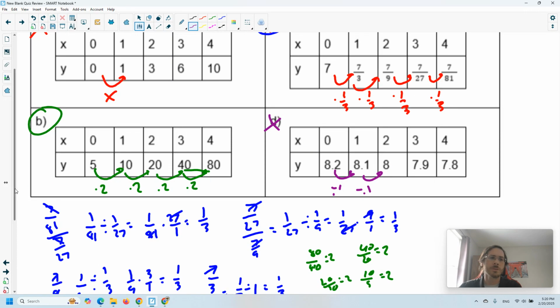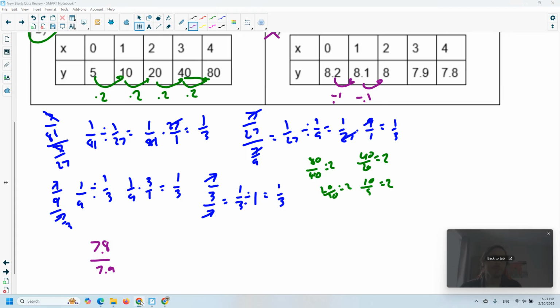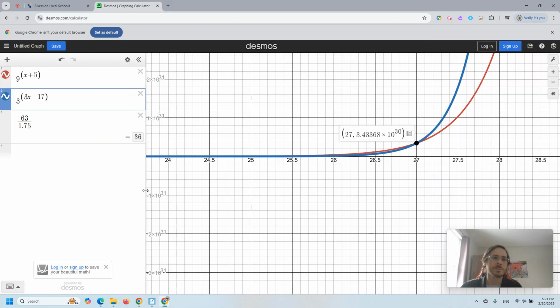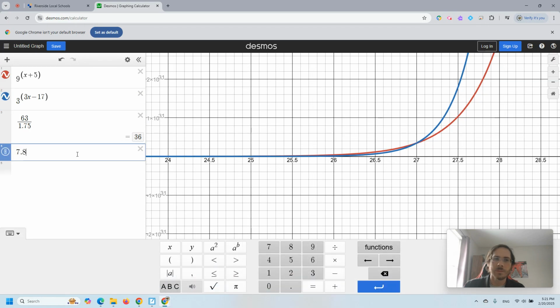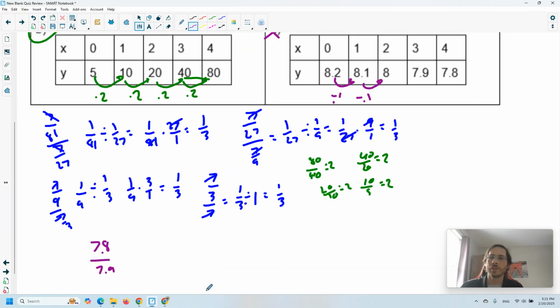But to double check, we're going to do the same thing we did. We're going to have to do 7.8 divided by 7.9. That one I'm not quite sure on, so let's see what we get. So we get 0.987. All right. Then I got to check the next set.